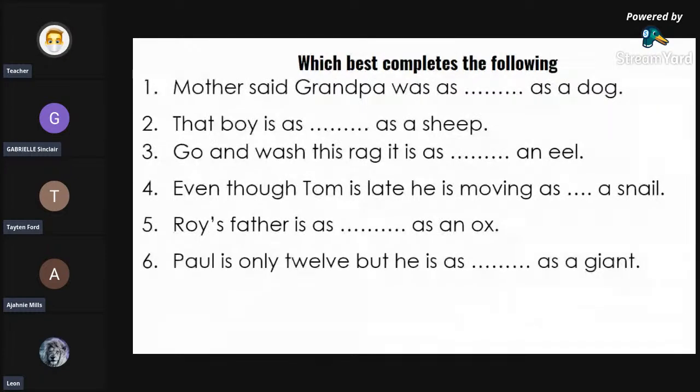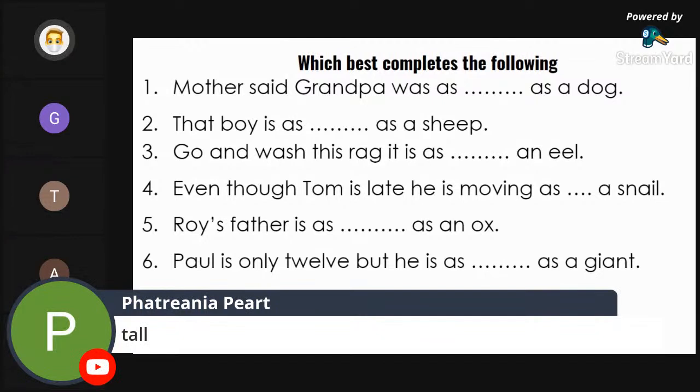Not thinking of big. All right, so Peart, here is Peart. Peart has the answer I'm looking for: as tall as a giant.